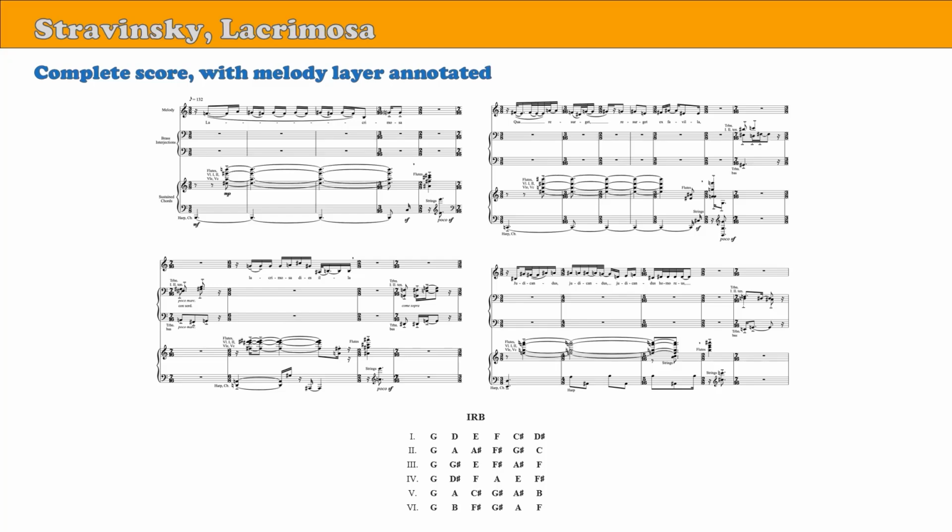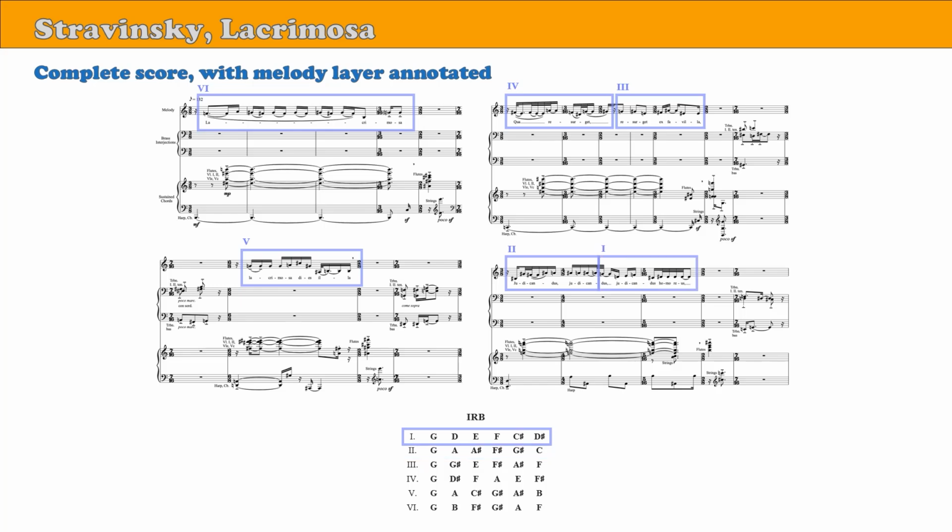Here's the same information now projected onto the entire score. The melody presents the rows of the array either from left to right or right to left. As a result, the note G is heard prominently at the beginning or end of each melodic phrase.